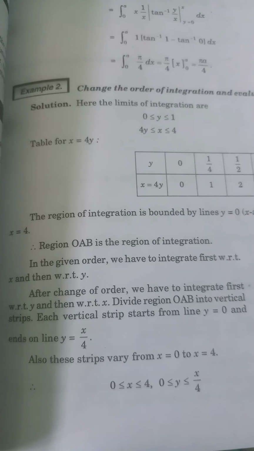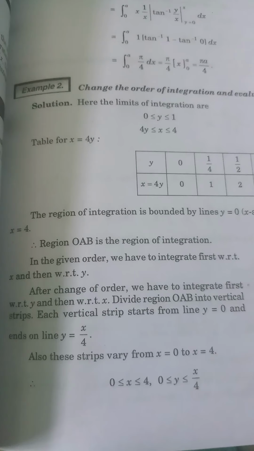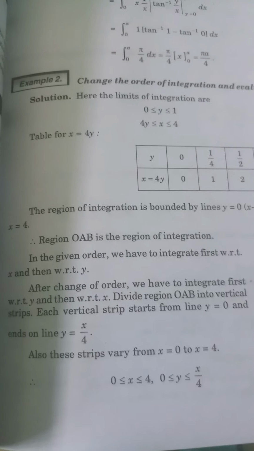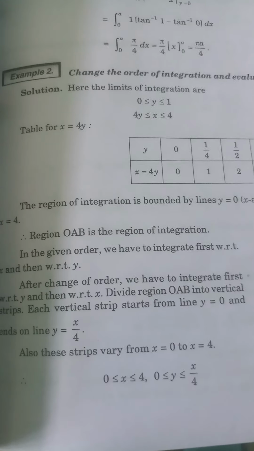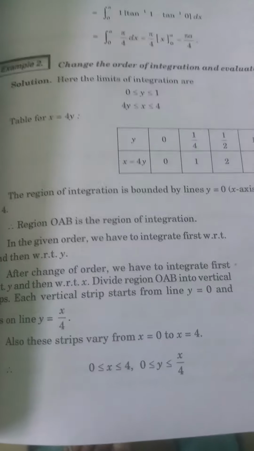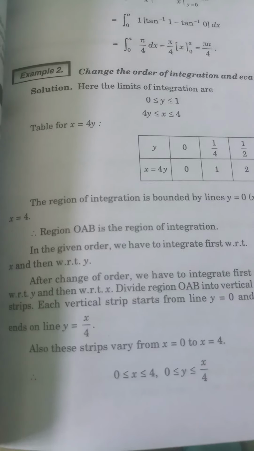OAB is the region of integration. In the given order, after change of order, we have to integrate first with respect to y and then with respect to x. Divide region OAB into vertical strips.